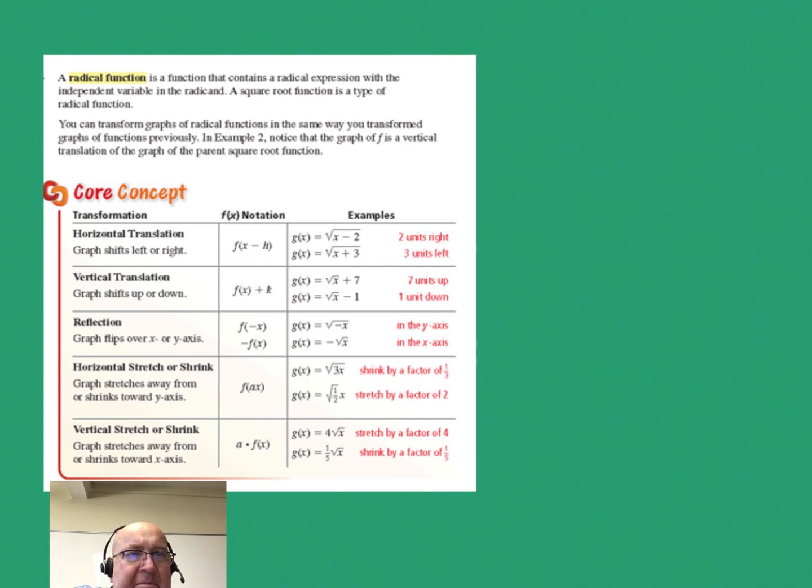And then anything in front of the variable inside the radical is going to work the opposite way. So if you have a bigger number, it's going to shrink the output by the reciprocal of that number. So 3 times x is going to shrink it by 1/3. 1/2 x is going to stretch it by 2.